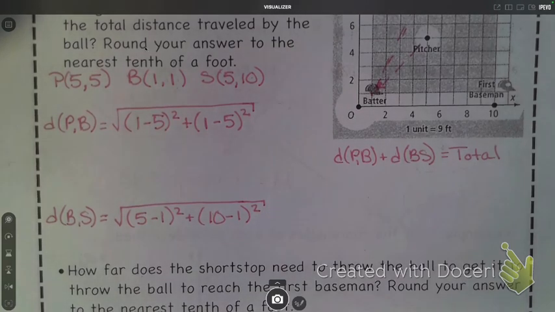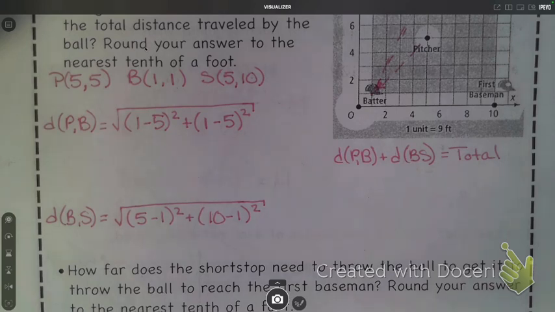Sorry, over there. Did you set it up okay? Oh, I did it, Miss Moon. Okay. Could I have done 1 minus 5 squared plus 1 minus 10 squared? Yeah. Yep. It doesn't matter.